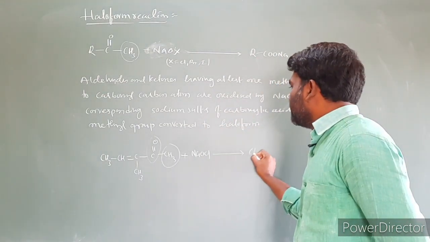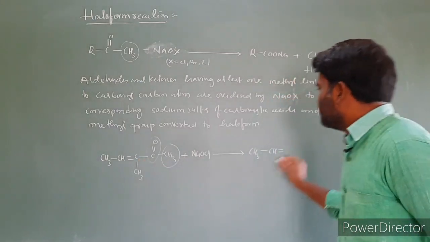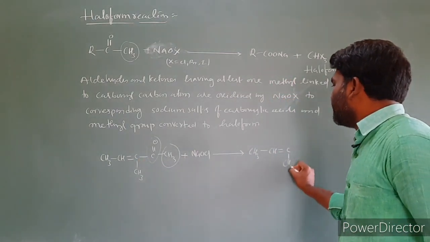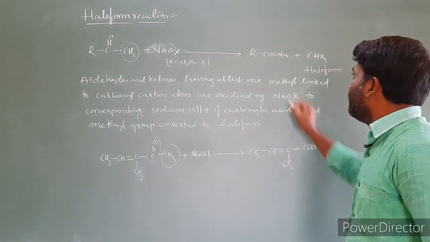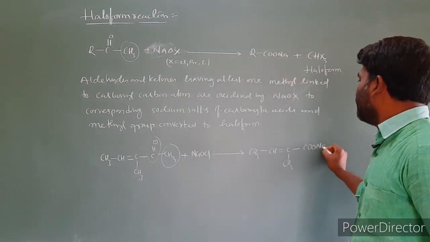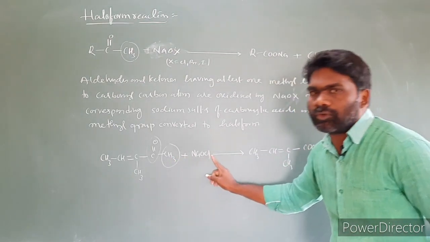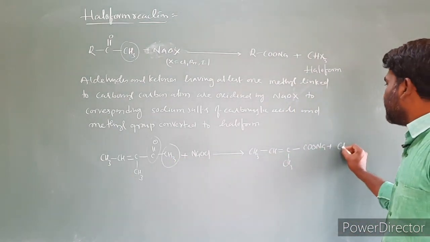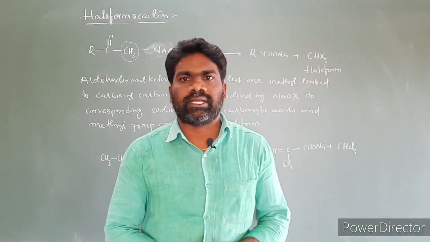The product is CH3 CH(CH3) COONa plus CHCl3, since we took chlorine. This is chloroform formed in the reaction.